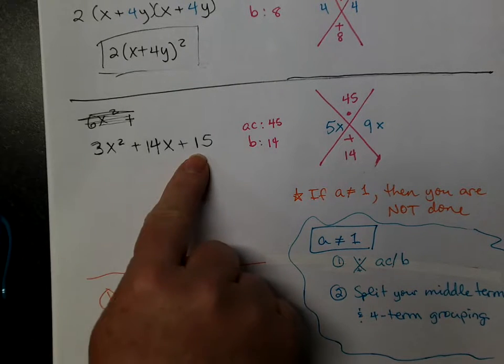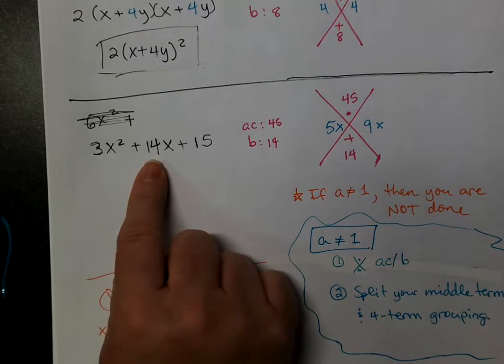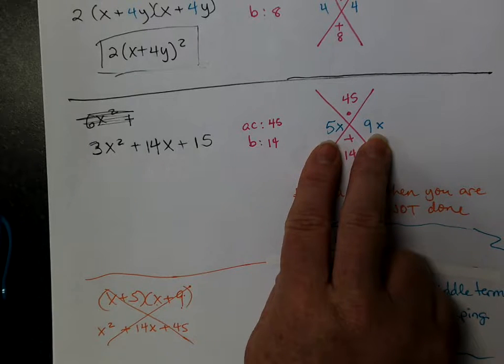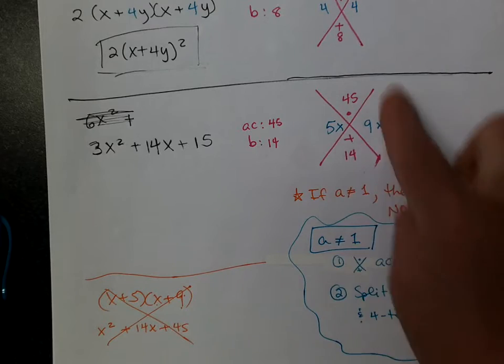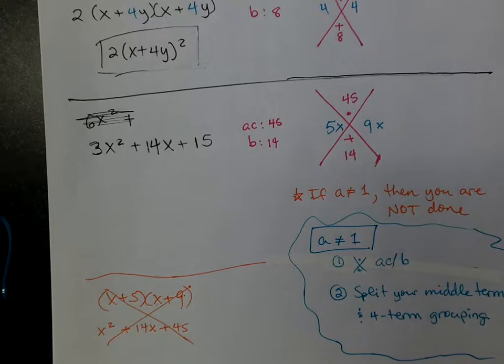So we're going to rewrite our trinomial, and there's a lot of ways we could split 14 up. 1 plus 13, 2 plus 12. In all combinations of negative numbers or decimals or fractions, there's an infinite number of ways you can add 2 things to get 14. How are we going to add them? Use the 5 and the 9. Out of all the infinite choices, our ACB told us the 2 that we need.